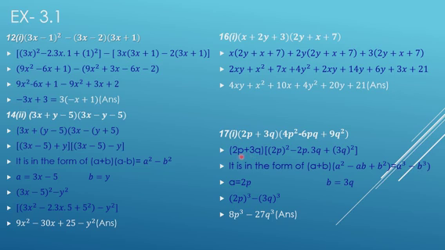Now you see 2p plus 3q is already grouped. We can arrange the other factor in the form of a square minus ab plus b square. That means our value of a is 2p whereas b is 3q. So we can put this in this form, a cube plus b cube, which is 8p cube plus 27q cube.